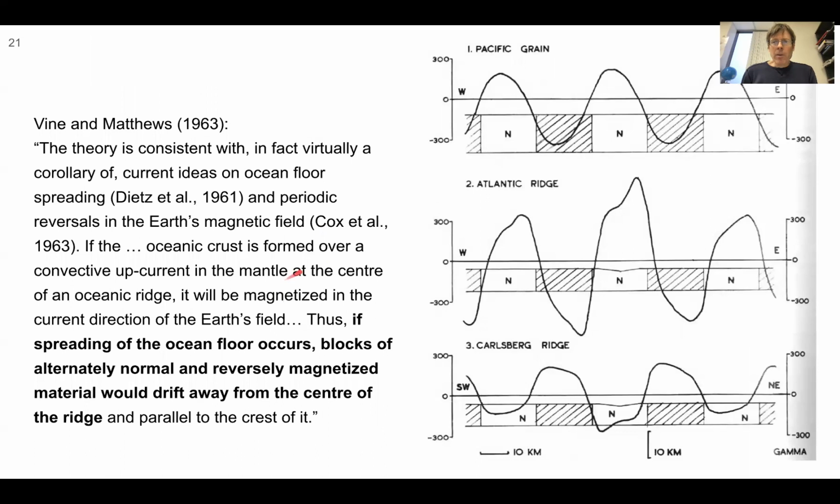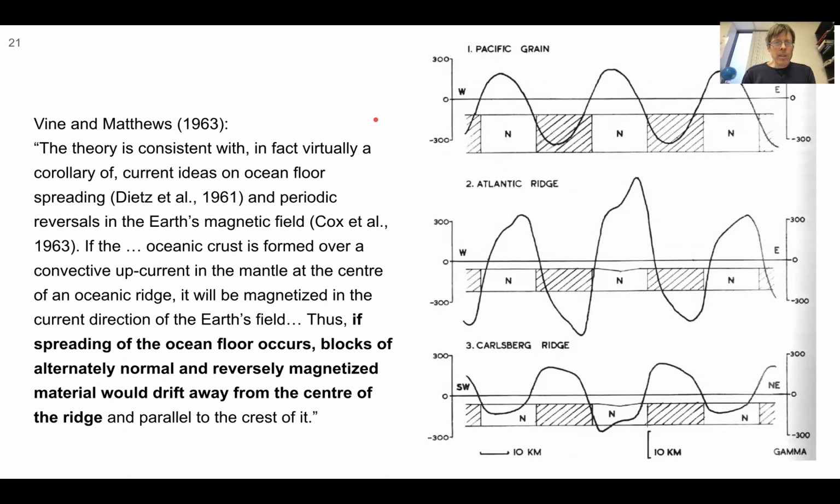And this is what Vine and Matthews found, that in Pacific, Atlantic, other places of the world, the cross-section of the material shown here as N and shaded, that there is changing polarities, would give rise to the observation shown as up and down oscillatory magnetic measurements. You could find those if you allowed for the fact that the polarity of the Earth's field was actually changing. While the material was essentially the same material being made, it was the magnetic field changing.